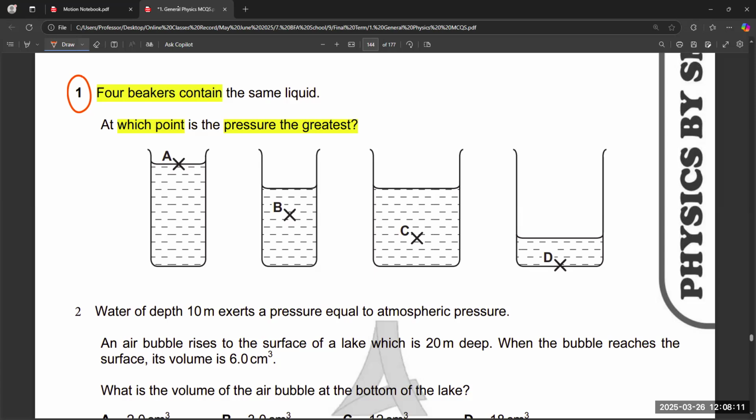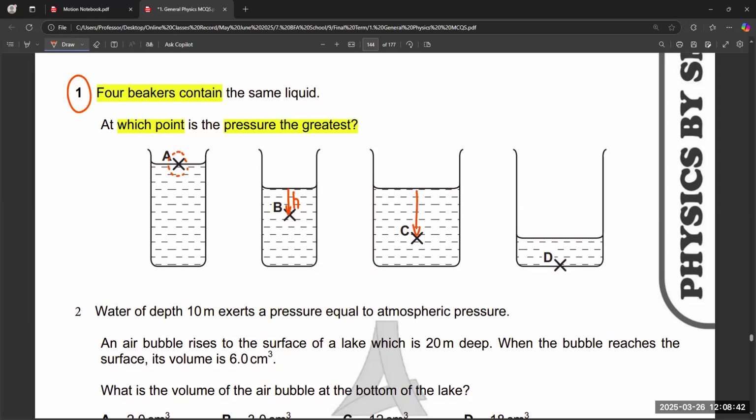So if we apply the concept of depth, in option A this point is already on the surface, so there is no depth. If we consider a swimming pool, when we are deep in the swimming pool, the depth from the surface of the liquid is greater. In option A, it is on the surface. In option B, it covers some depth from the surface.